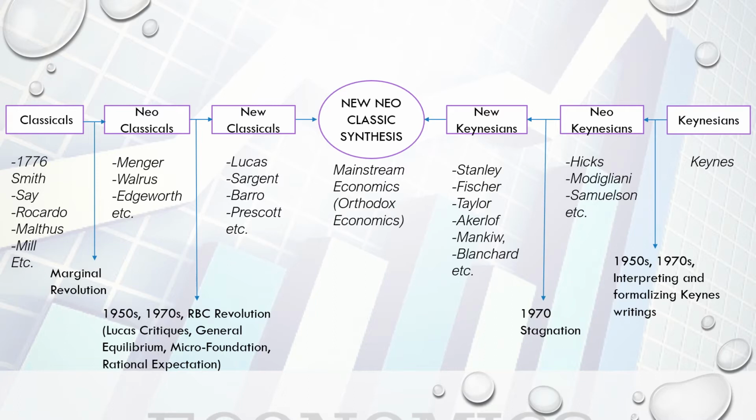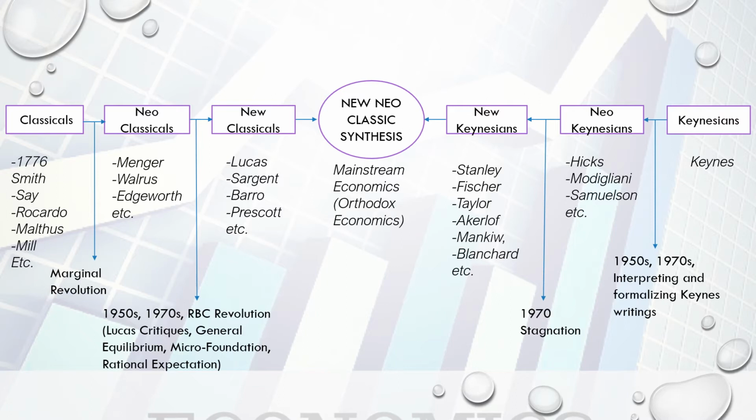Below them, we can see the economists who added to these schools and also the economic activities which transformed these schools. Now we can look at Keynesians. Keynesians transformed into the neo-Keynesians and the new Keynesians, and likewise below them are also the economists who added to these schools and the economic activity.